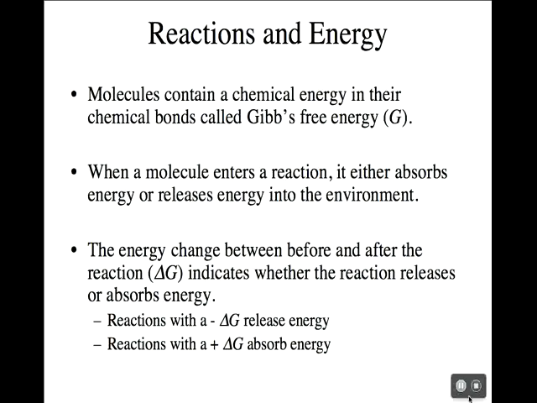If you think back to physics, I think they cover this in chemistry as well, there are two different types of energy: kinetic energy, which is energy of movement, and then there is potential energy, energy of position or structure. Chemical energy is a type of potential energy. Chemical energy is the energy that is in a molecule's chemical bonds. So it's an energy of structure, right? How those atoms are arranged.